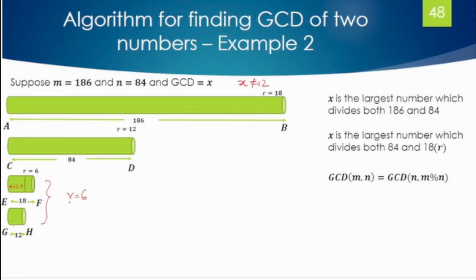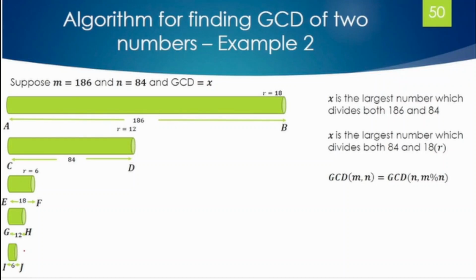So we should proceed. We will argue x will divide 12 as well as the remainder when we divide 18 by 12. So this remainder will come in the next section, which is IJ of length 6. Now let us try to cover the length GH using IJ.